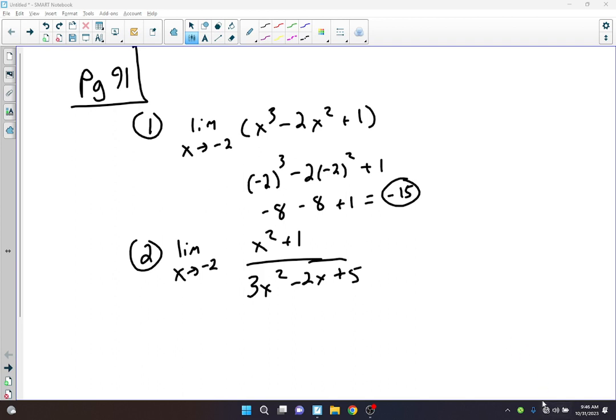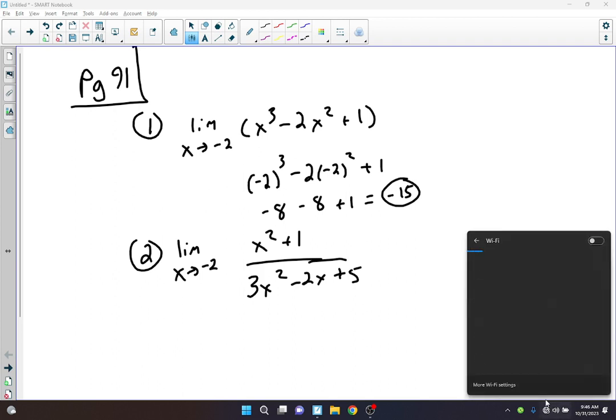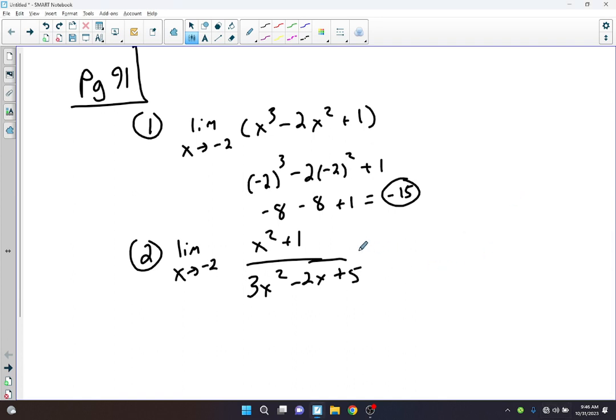In this scenario, we'll plug in -2 and see if that causes a problem. -2 squared plus 1 over 3 times -2 squared minus 2 times -2 plus 5.